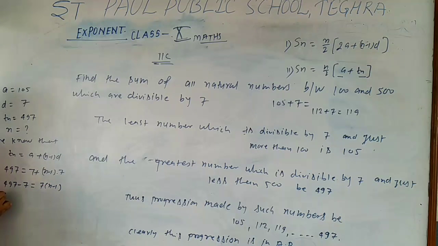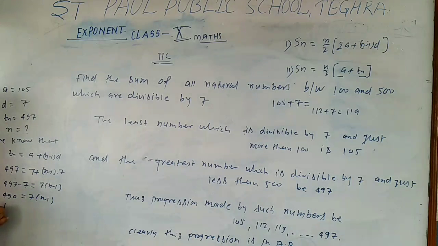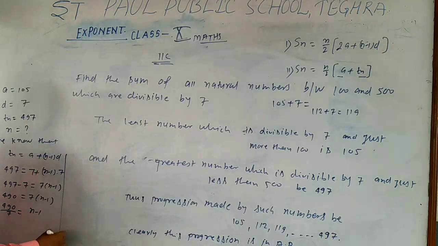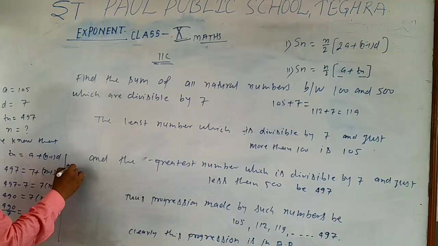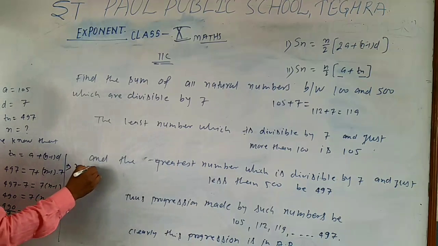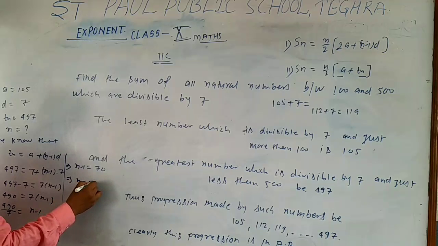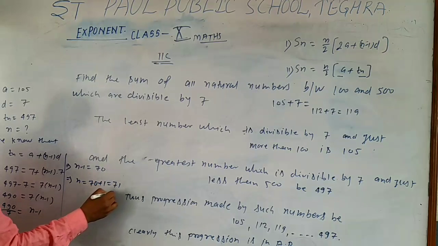This becomes 392 equal to 7 into n minus 1. By the law of transposition, we divide 392 by 7, and this gives n minus 1 equal to 56, that is n equal to 57.